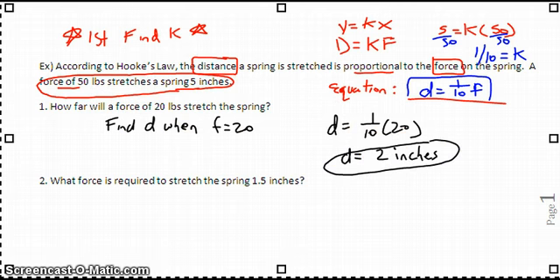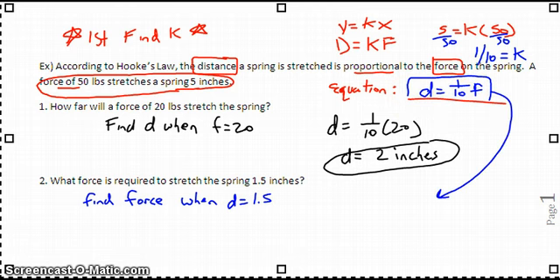On the other hand, if it says what is the force, so we want to find the force, or find f when the distance that the spring is stretched is 1.5. So again, go back to your generic equation up here and plug it in. D, which is 1.5, equals 1/10 times f, and f is what I'm trying to find.